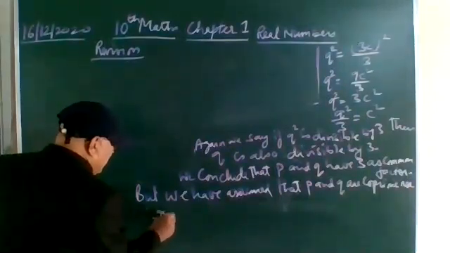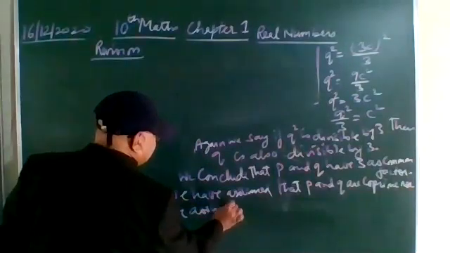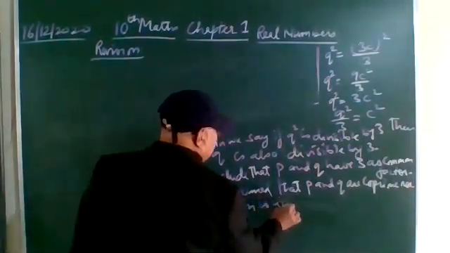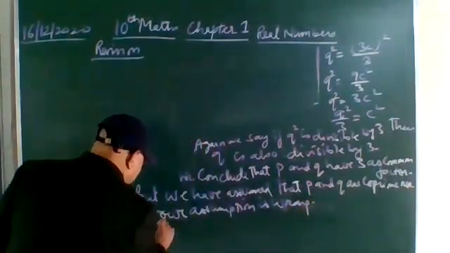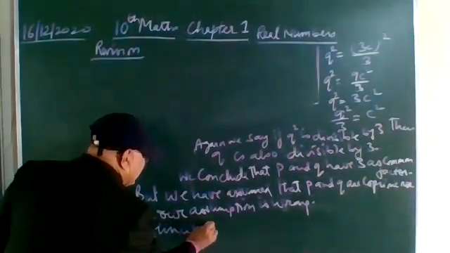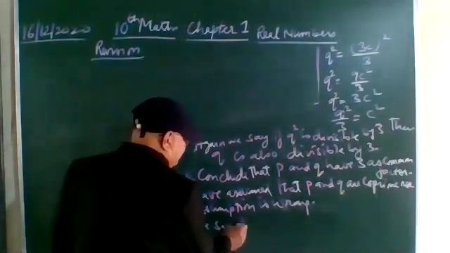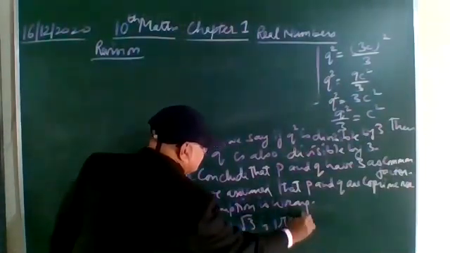Therefore, our assumption is wrong. Hence, we say root 3 is irrational.